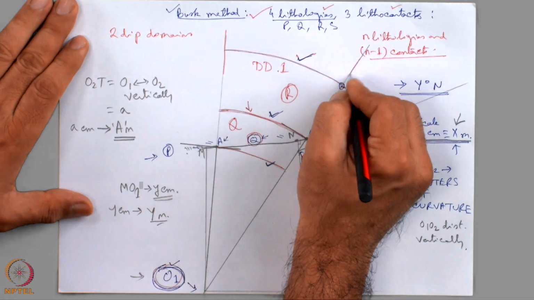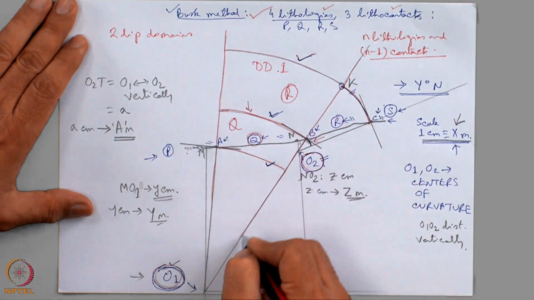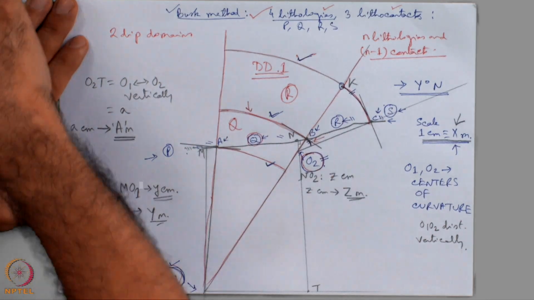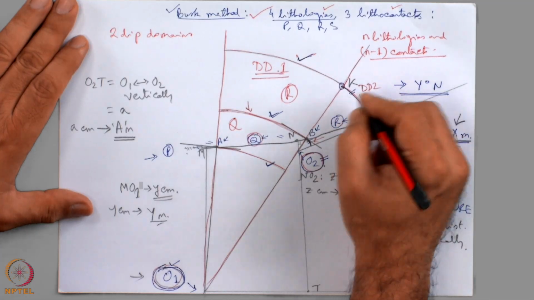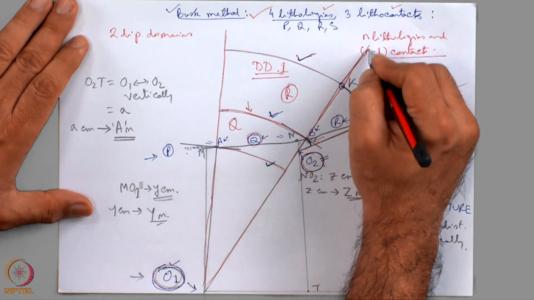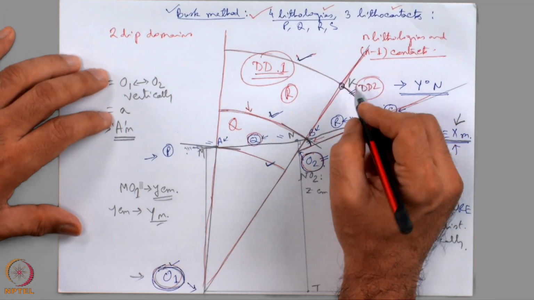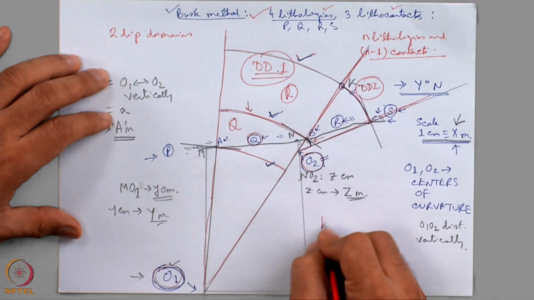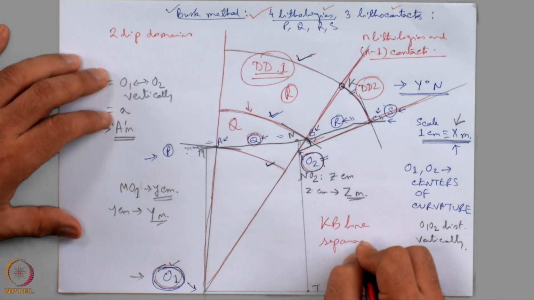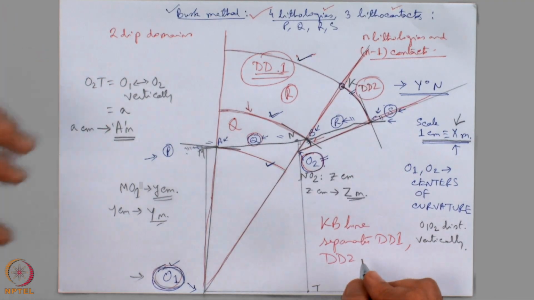Bound by this line and that line lies dip domain 1, and there is another dip domain, we can call it dip domain 2. This is bound by this line and that line. So, dip domain 1 and dip domain 2 are separated by the KB line. KB line separates dip domain 1 and dip domain 2.